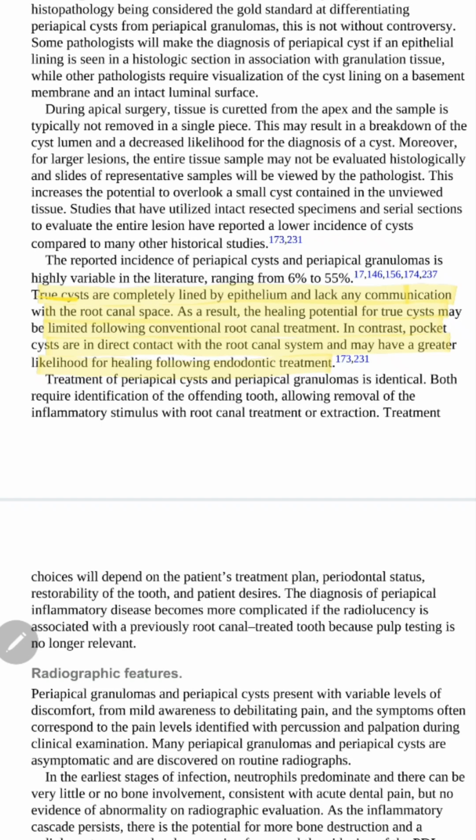But if it is a pocket cyst, which has direct contact with the root canal system, it has a greater likelihood for healing following an endodontic treatment.